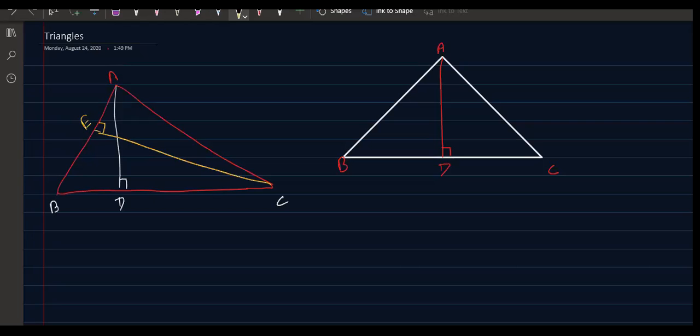You can write like this: median bisects the opposite side. Okay?